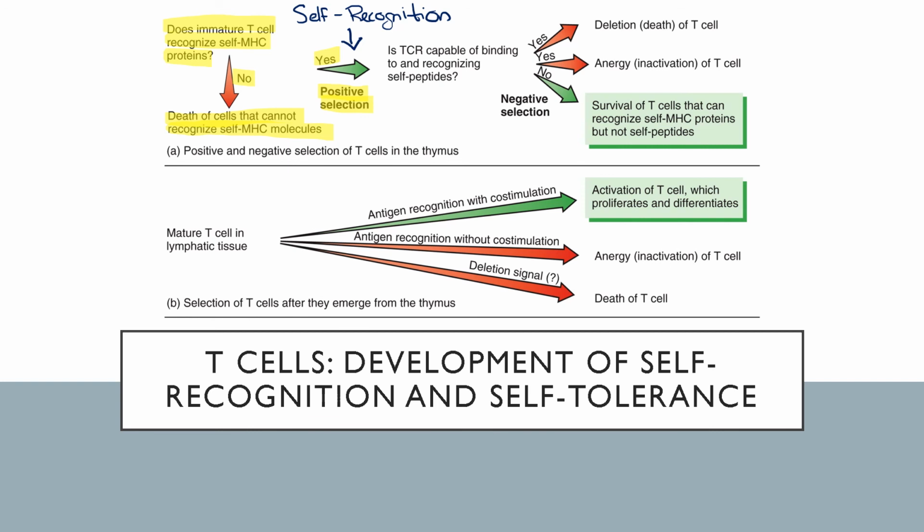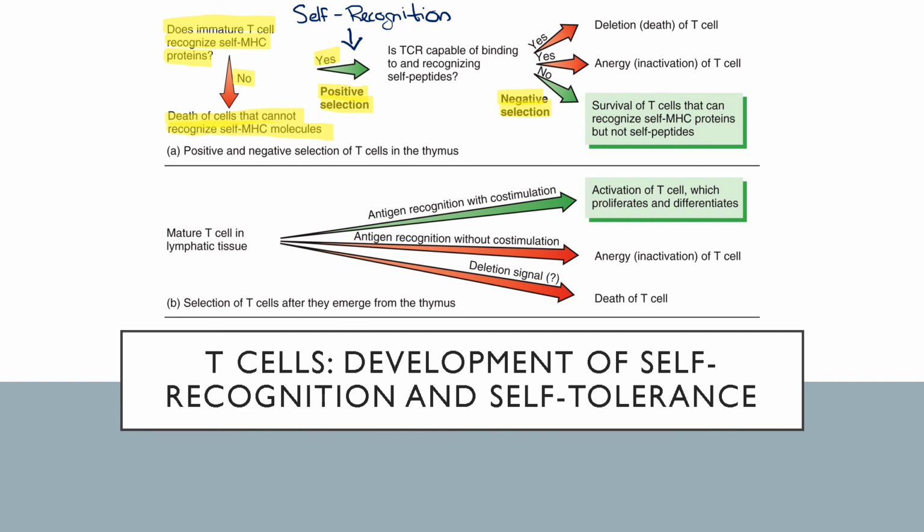Then we have to develop the self-tolerance. This development occurs by a weeding out process, which is called negative selection. In negative selection, the T cells will interact with dendritic cells located at the junction of the cortex and the medulla of the thymus.